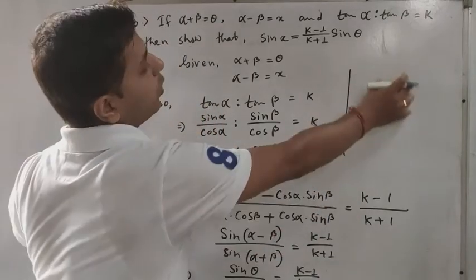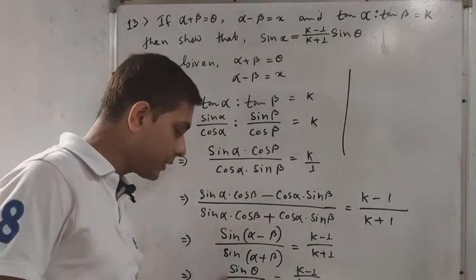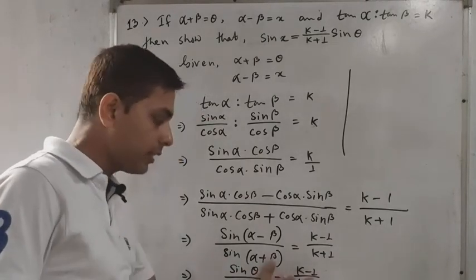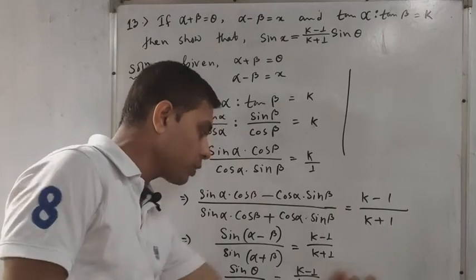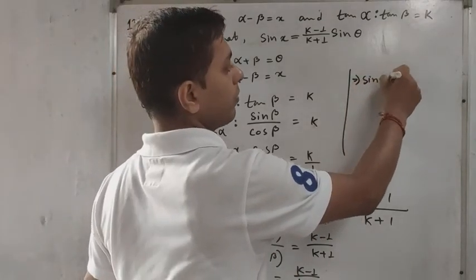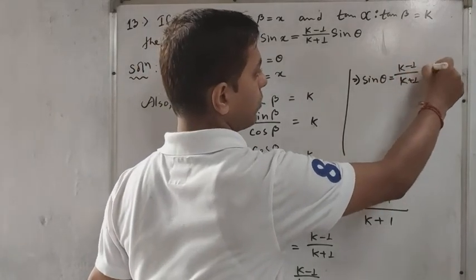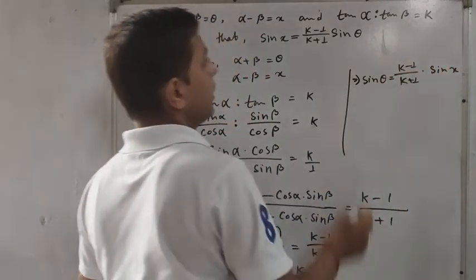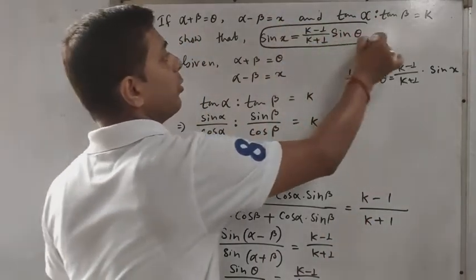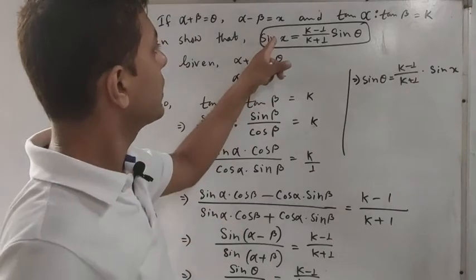Cross multiplying, sin theta will be equal to k minus 1 by k plus 1 into sin x.